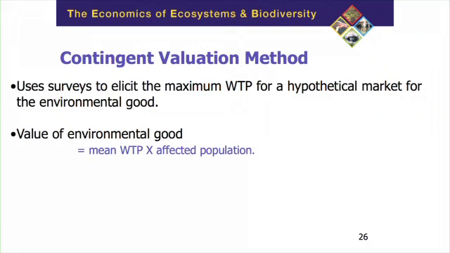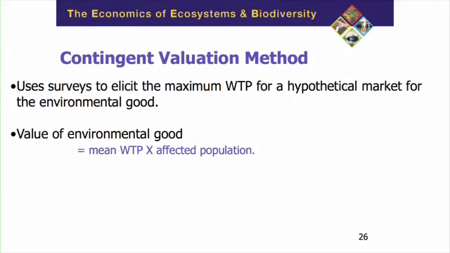You have to describe a set of circumstances in which this environmental good might be provided, and also how people would have to pay for it. And some of the debate has been saying, well, you're asking a hypothetical question, so do you get hypothetical answers? We'll come to that later on as well.